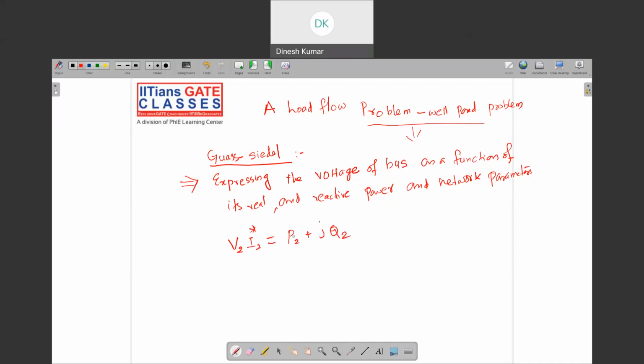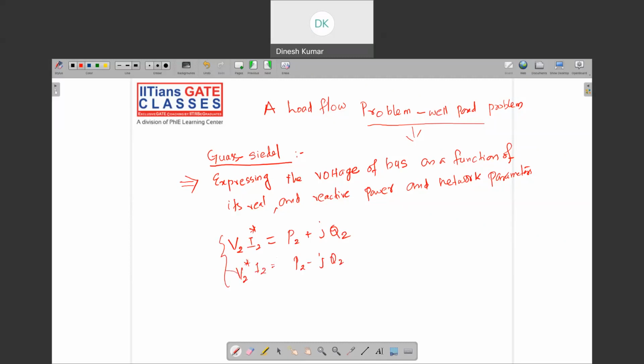Now, what if I take the conjugate of this? That is V2 star into I2 equal to P2 minus jQ2. The most important question in this domain is why we take V2 star and not I2 star.